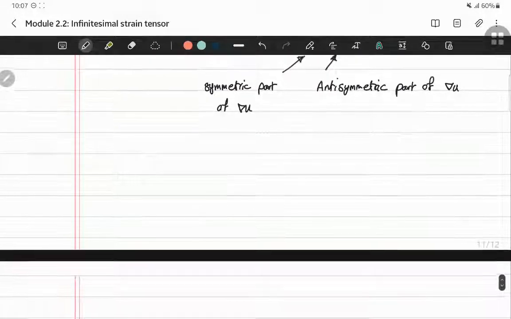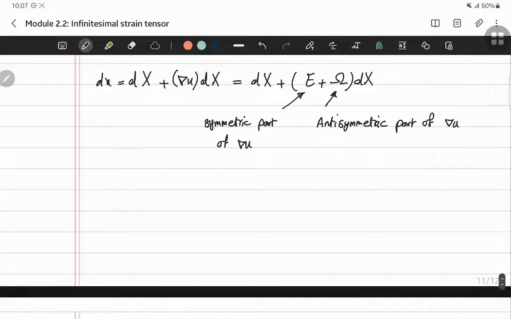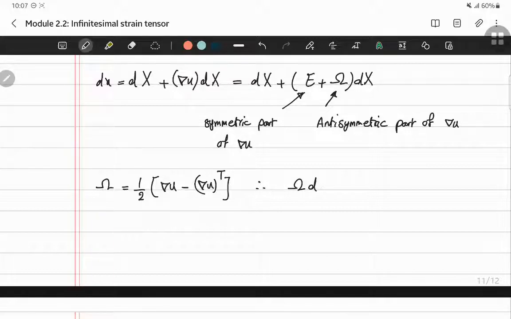Since this is the anti-symmetric part, omega is half of del u minus del u transpose. And since it is anti-symmetric, we can use the dual vector concept here. So I can write omega dX is equal to the dual vector of omega cross dX. Remember, this is the cross product, so it is not x.